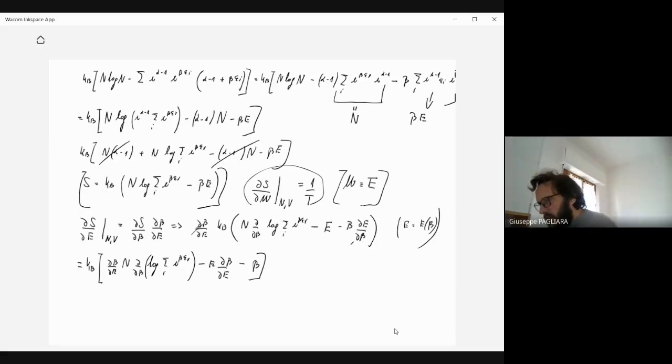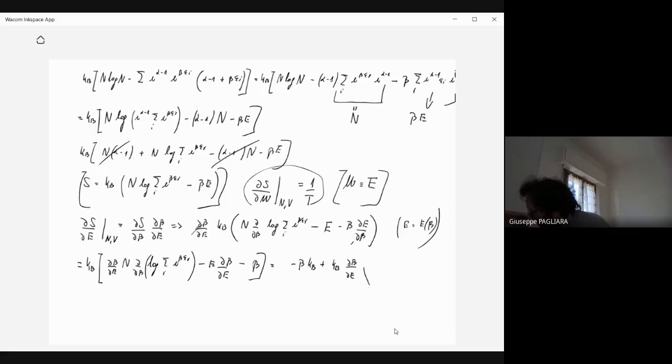Now it is easy to realize that this is minus beta kB plus kB the derivative of beta with respect to E.